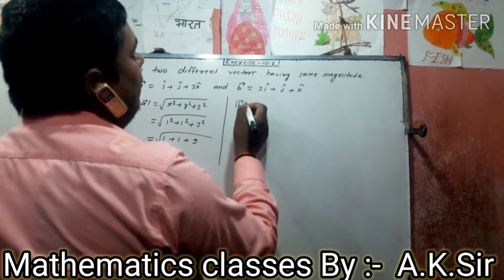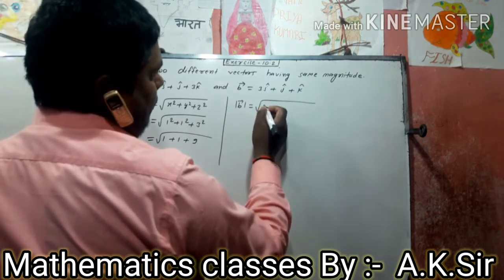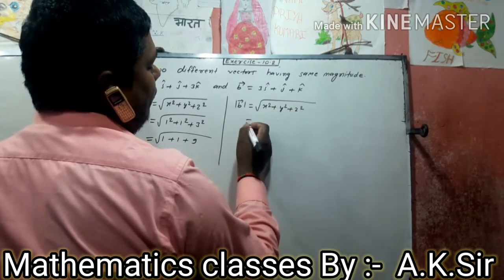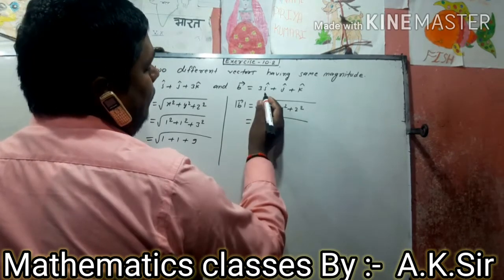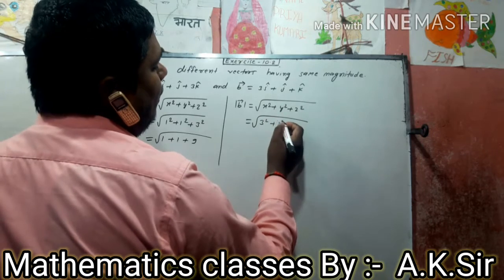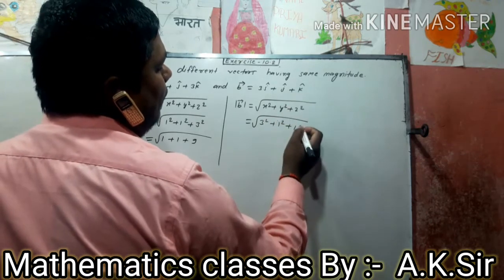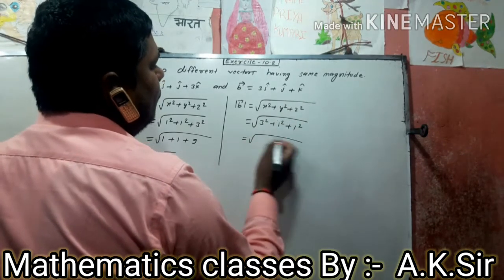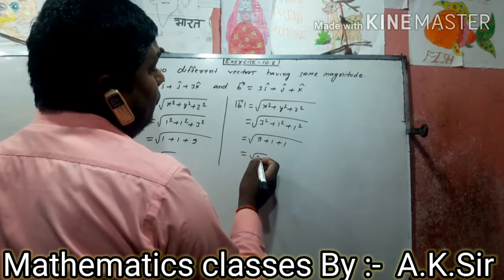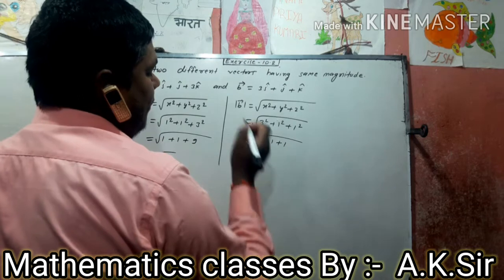Magnitude of b is equal to under root x square plus y square plus z square, equal to under root 3 square plus 1 square plus 1 square, equal to 9 plus 1 plus 1, equal to under root 11.